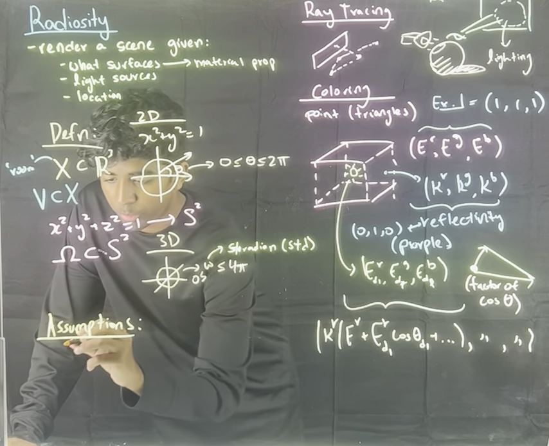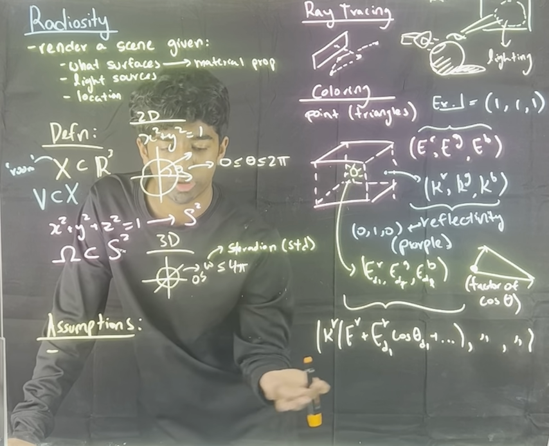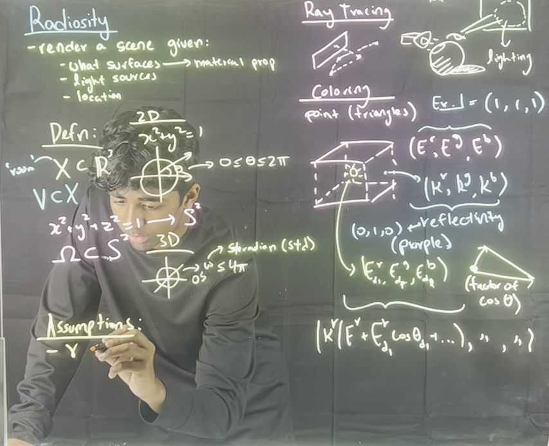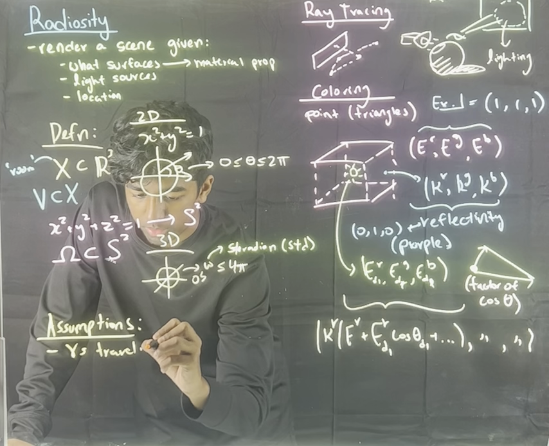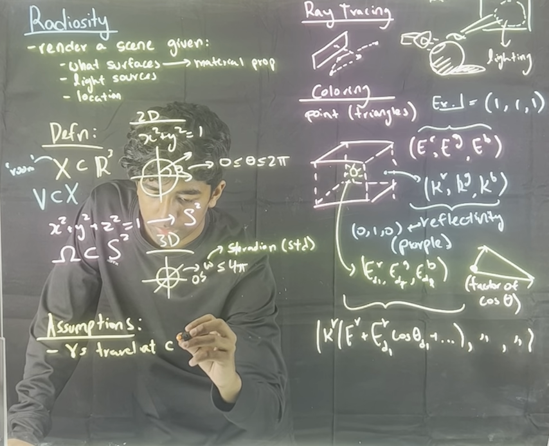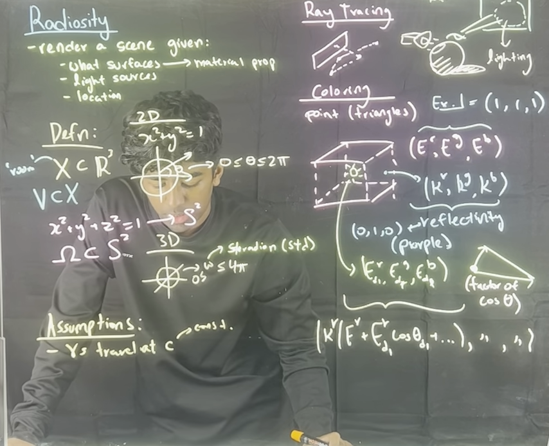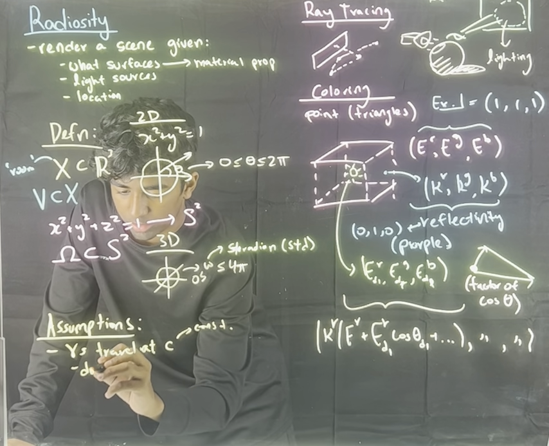So let's assume that all particles travel at the same speed. When I say particles, we're talking about photons here, and I'm going to represent photons as gamma. So gamma travel at the speed of light, so constant. Also, particles do not interact with each other.